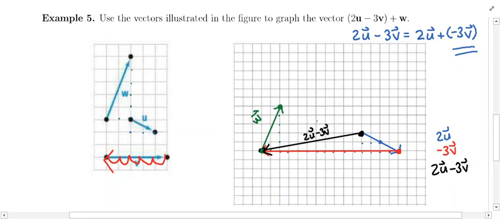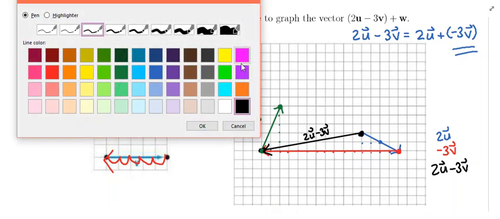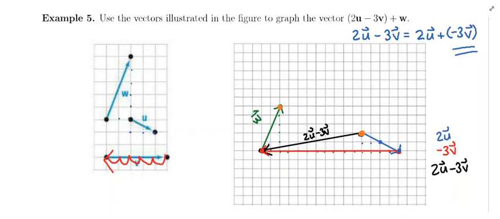Now we need to draw in the final answer. Let me pick a good color for this. I'll use orange so it stands out. For the final answer, we're adding the black vector and the green vector. So its initial point will coincide with the initial point of the first vector, and its terminal point will coincide with the terminal point of the second vector.